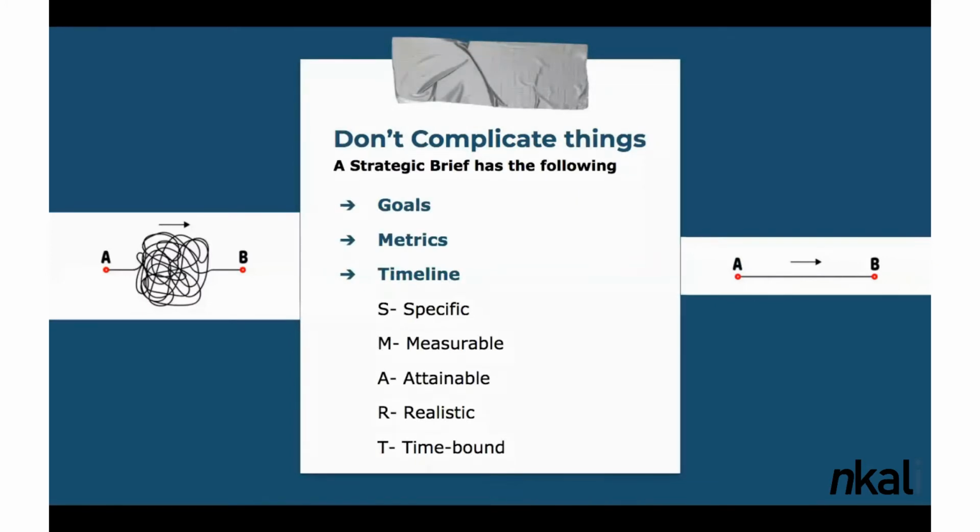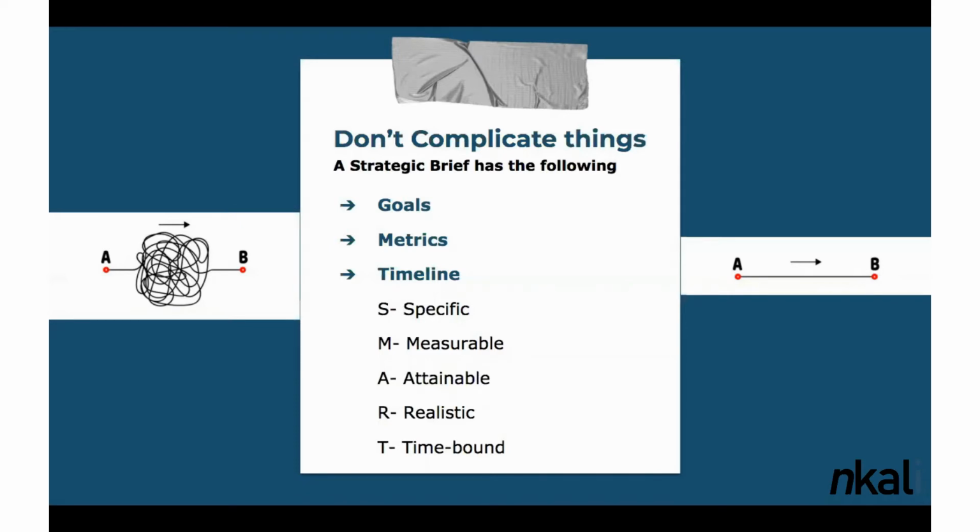A strategy brief should have a goal, whatever it is you want to accomplish. Because if you remember, our definition is how to achieve a goal with certain uncertainties, right? So what is your goal? What are your metrics? By metrics, I mean basically numbers. What would it mean for your business personally, or for the finances, or for the number of people you want to impact?